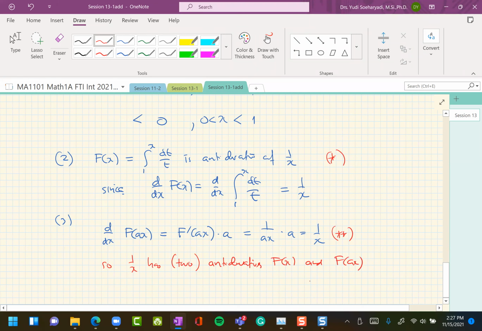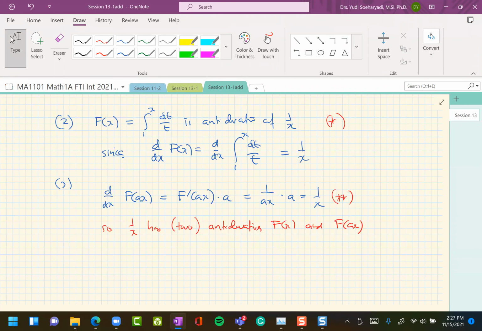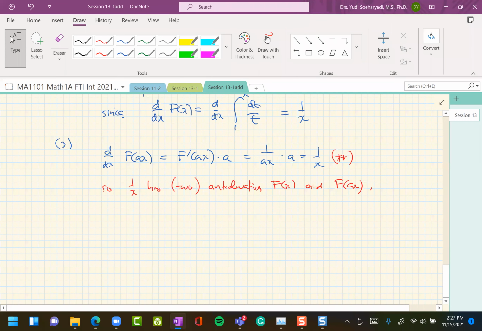Okay. And recall, if you have more than one antiderivative, what happens? How are the two antiderivatives related?